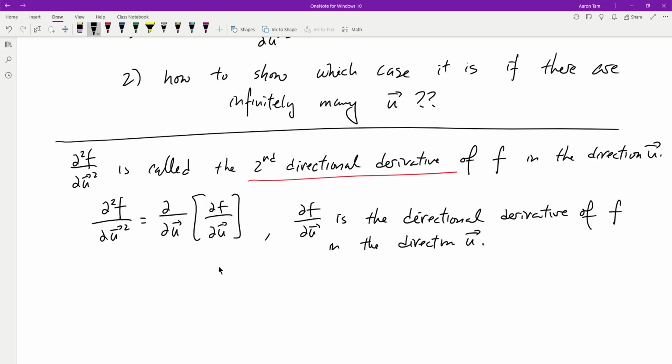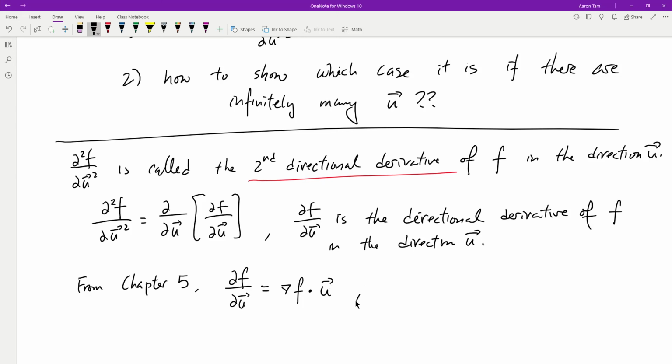Now, of course, that doesn't help you figure out what that is. So let's try to remember what we learned. We learned directional derivative in chapter 5. So from chapter 5, recall that df over d vector u is equal to the gradient of f dot product vector u.